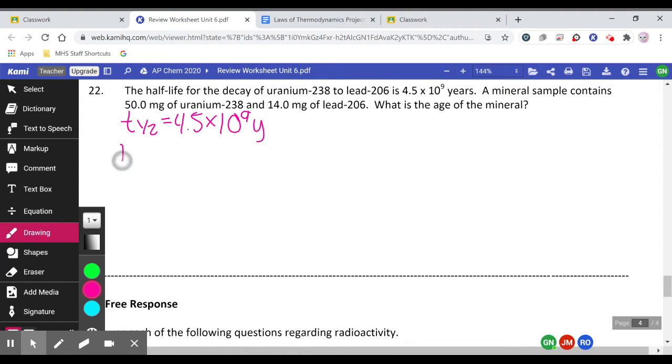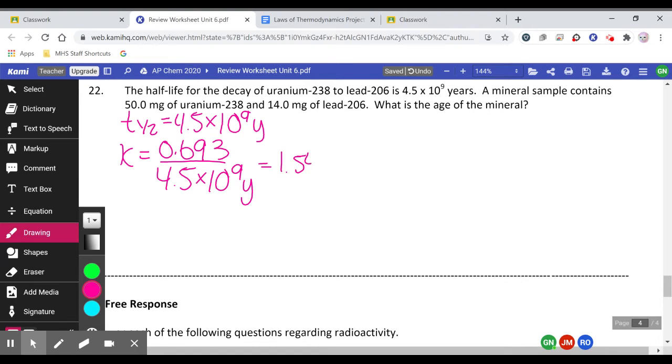Let's go ahead and get K. So I have a decay constant of 1.54 times 10 to the negative 10 year to the minus 1.